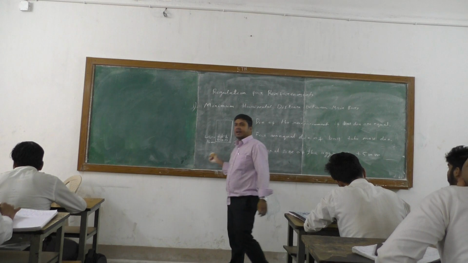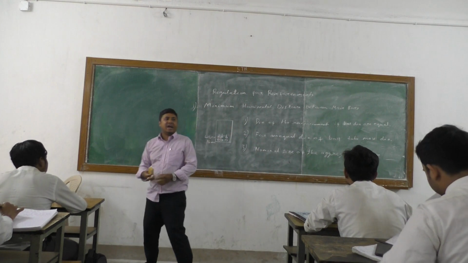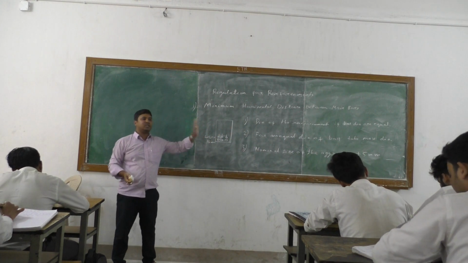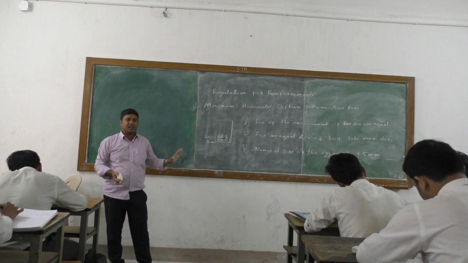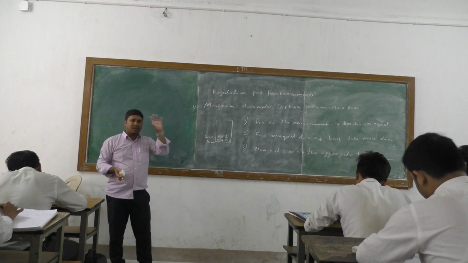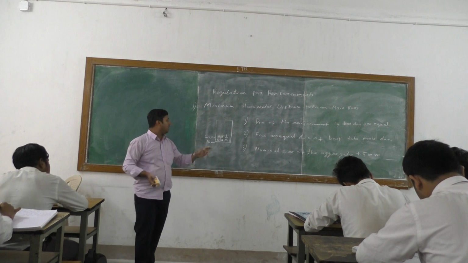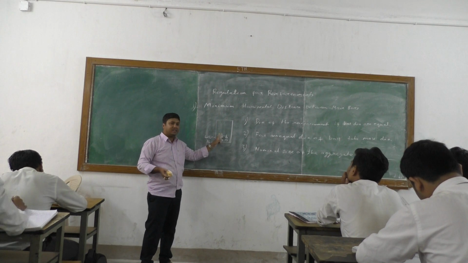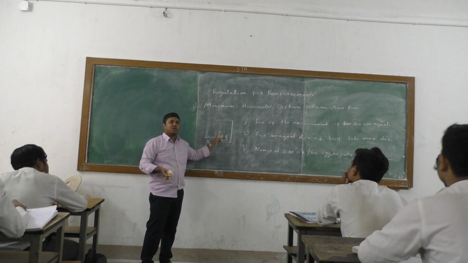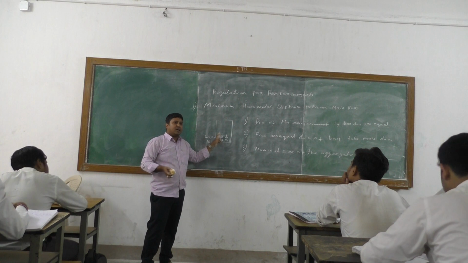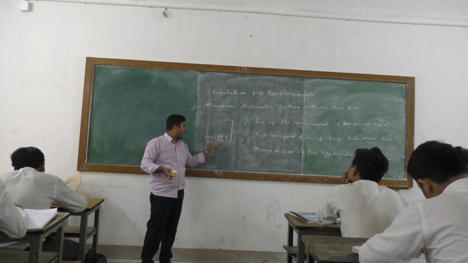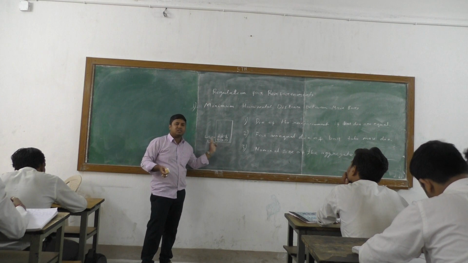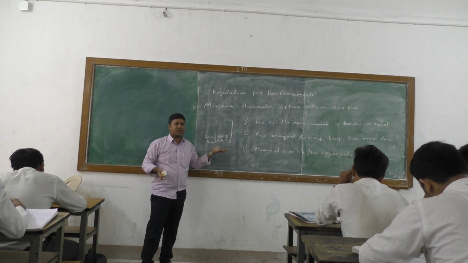The nominal size of the aggregate criterion is coming, as I told you, because the horizontal spacing between the bars is meant to make sure that the coarse aggregates have sufficient space to get inside. It can pass through the layers of the tension reinforcement and reach the bottom. And this is required for perfect compaction.